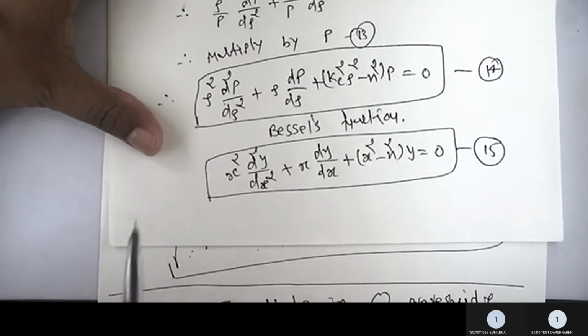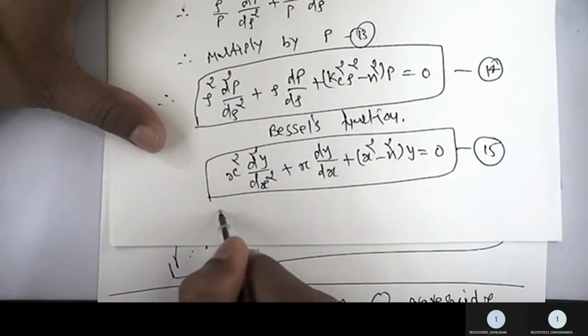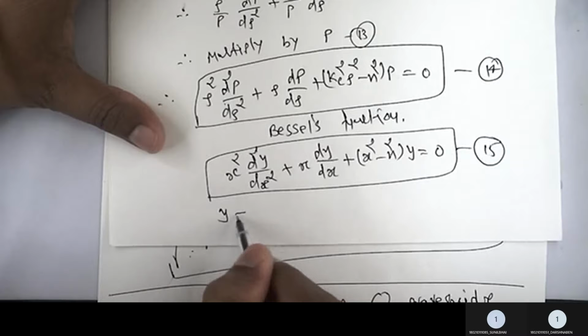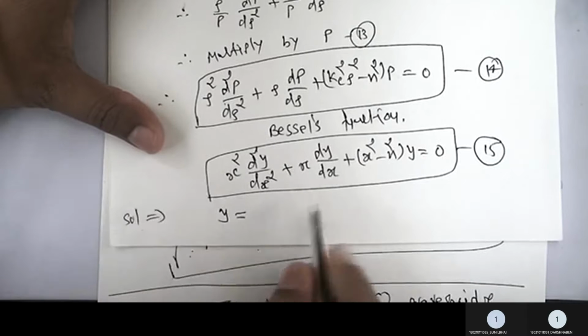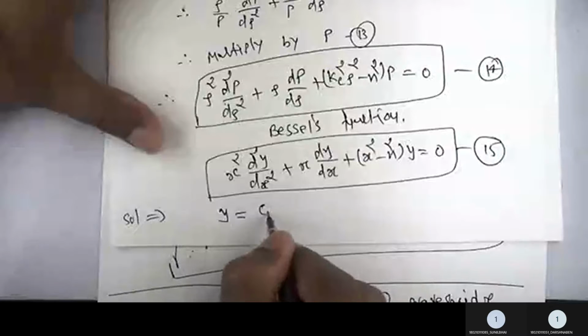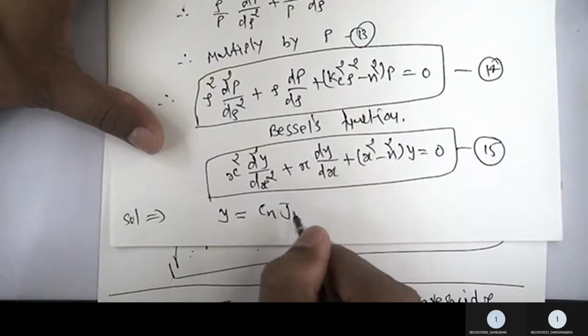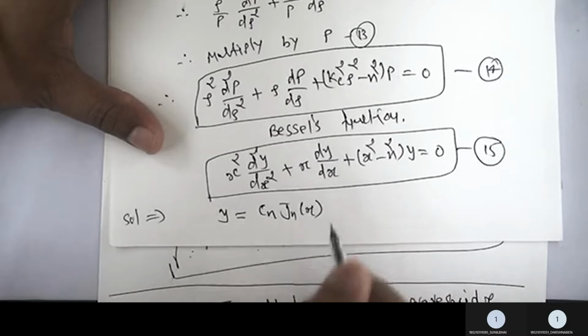So it means that the solution of this Bessel function, as all of you are aware, is y, and y is nothing but c_n J_n of x.